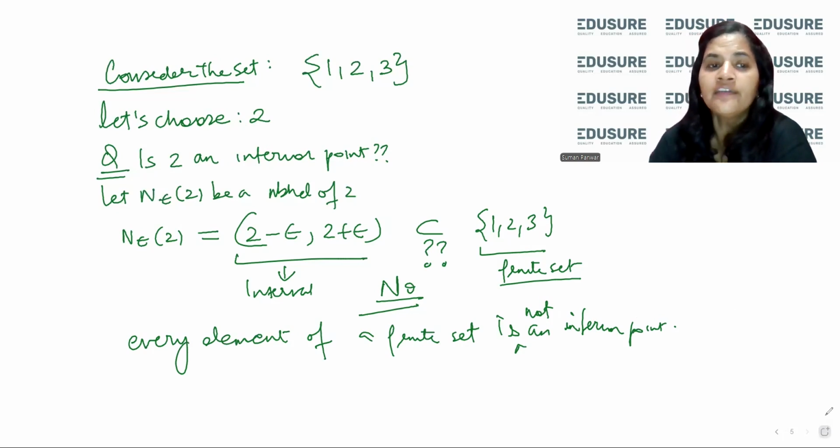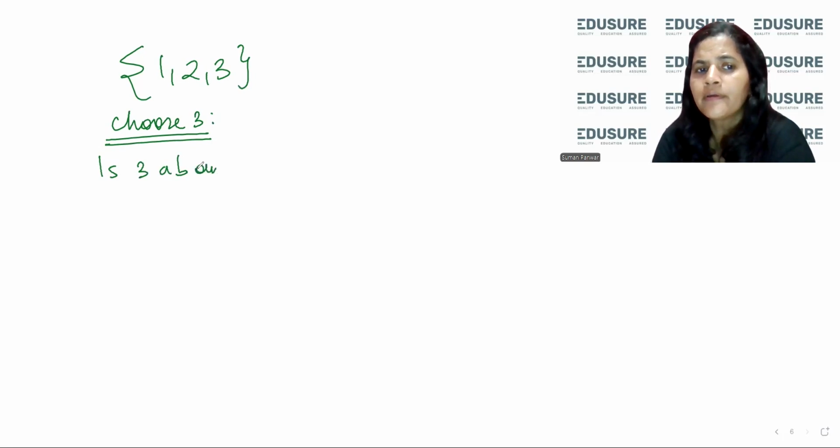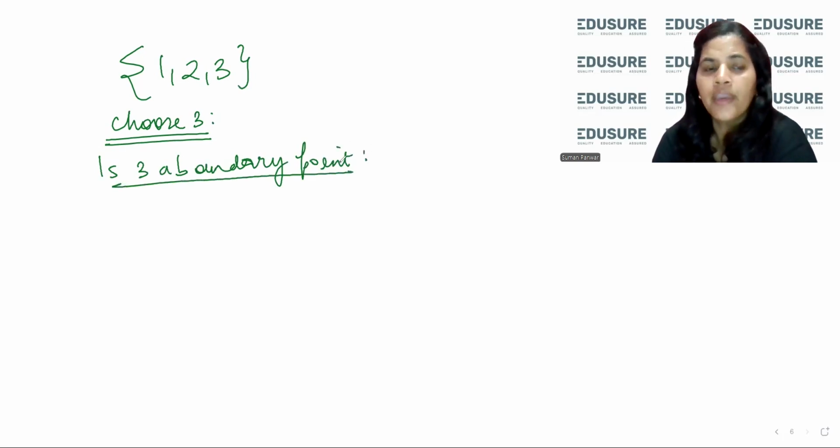Now let us again look at this set {1, 2, 3}. This time let me choose 3. Is 3 a boundary point? Let me choose a neighborhood of 3.